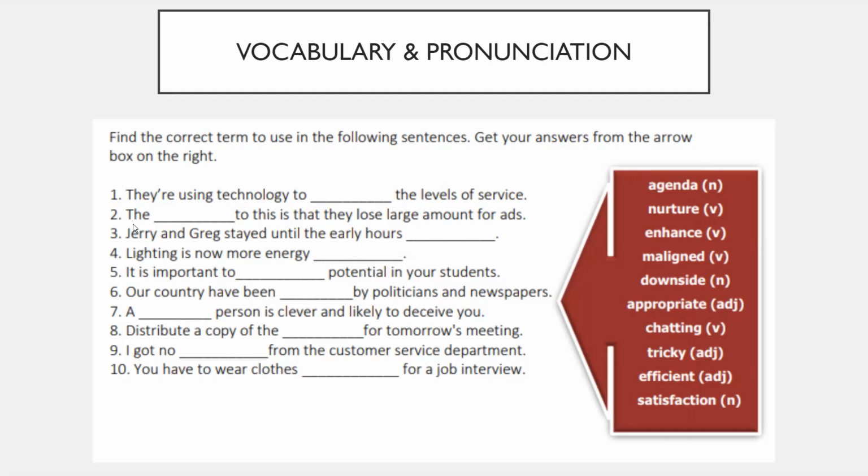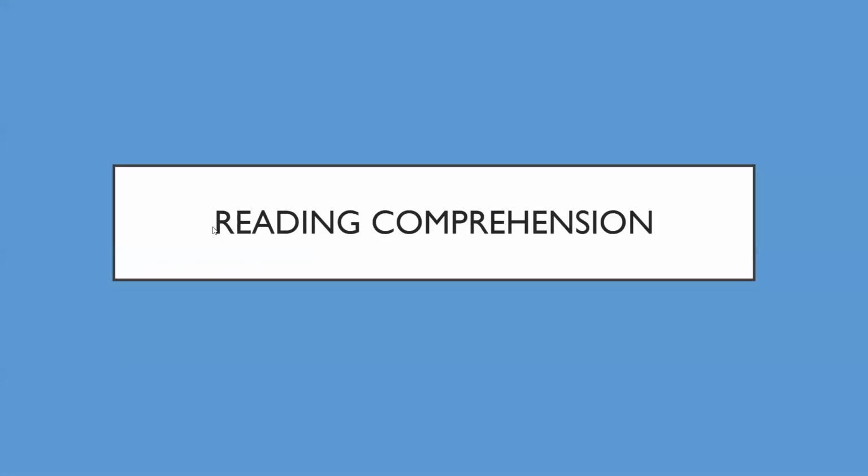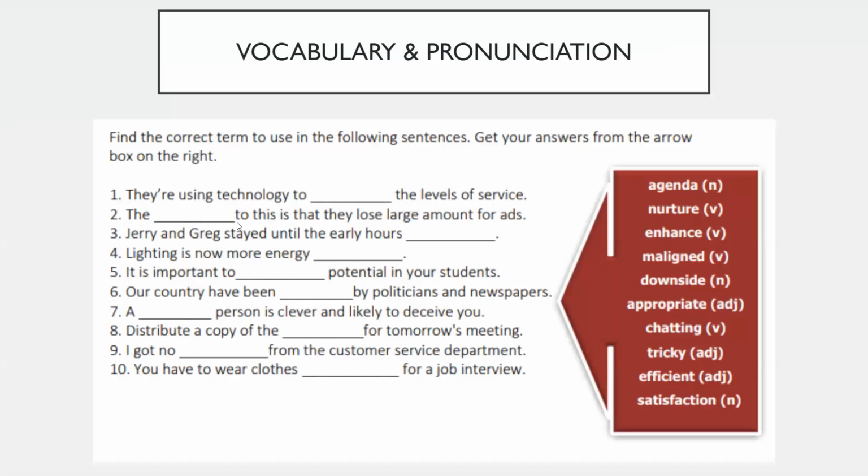Great. Number two: the blank to this is that they lose large amount for ads. This is something which is unfavorable, not good, or so to say bad, right? Can you guess which one?